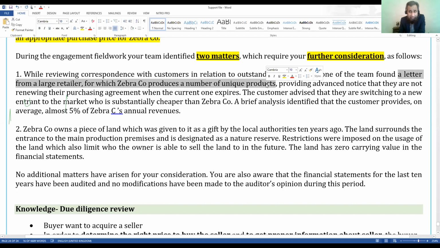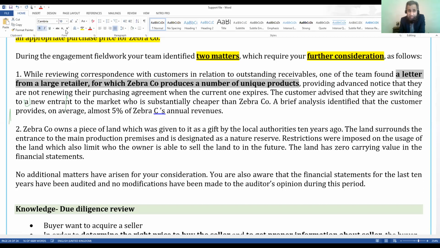So you found a letter from one of the customers of Zebra, a very important customer because Zebra produces unique products for this customer, which cannot be sold to any other customer. Can you sell these products to any other customers? No, because these are unique products, and you specifically make them for this large customer.